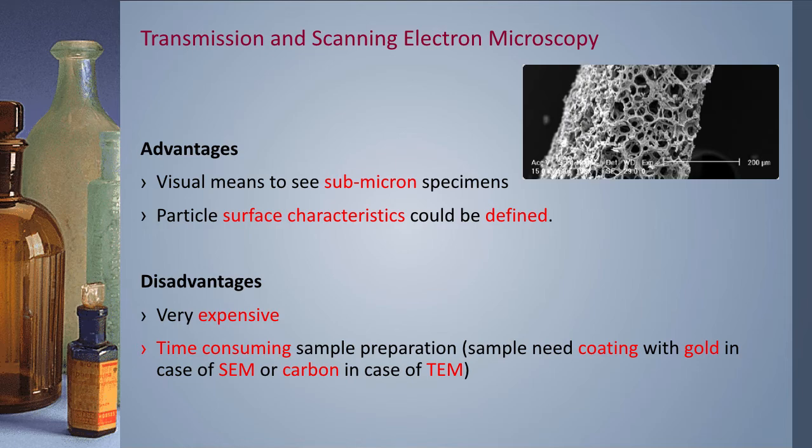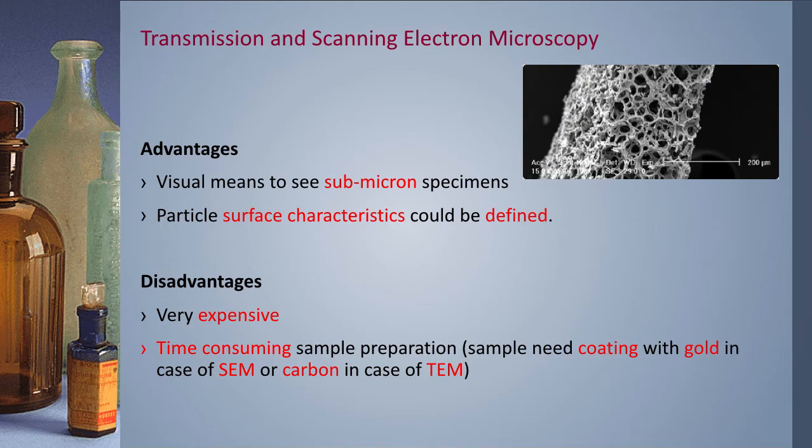Regarding the advantages and disadvantages of scanning and transmission electron microscopes, both of them, of course, can be used for nanopowder, starting from 1 nanometer for transmission electron microscope, and starting from 100 nanometer for scanning electron microscope. The other advantage, which is not present in any method before, is surface characteristics.